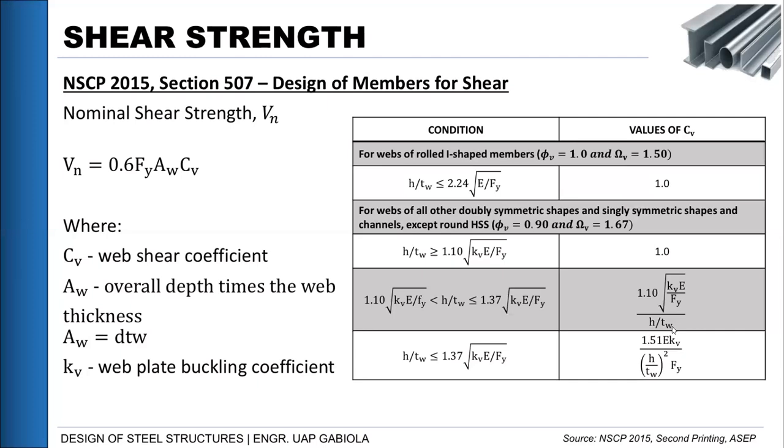Si shear strength capacity ni beam is maganda siya, dahil na din dun sa pagiging uniform ng section niya and also yung distribution ng thickness nung web tsaka nung flanges ay hindi nagkakalayo.